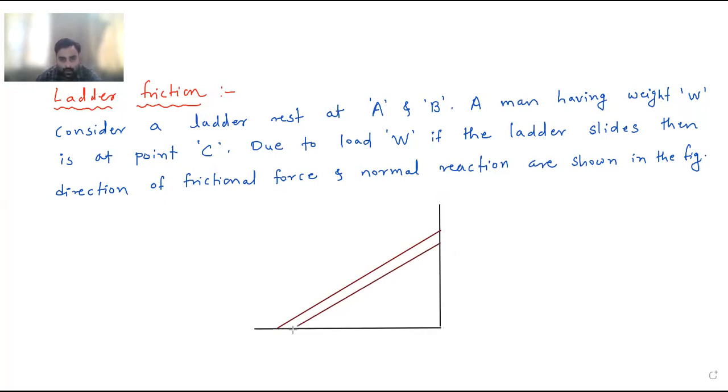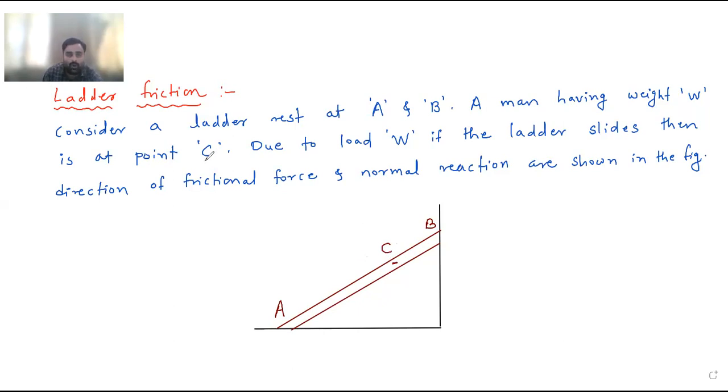This is the ladder which I have drawn over here. Now say this is point A, this is point B, and at this point, let us say, is point C.